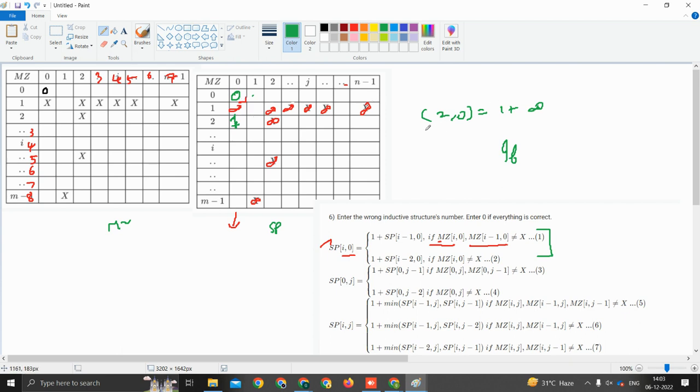Pooja, can you tell about this? Yeah, what do you think about this? First option, last point. 3 comma 0. No, 2 comma 0. I'm sorry for that. 2 comma 0, then 1 plus.